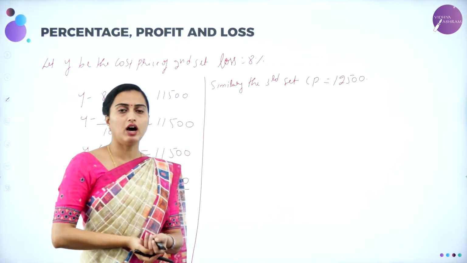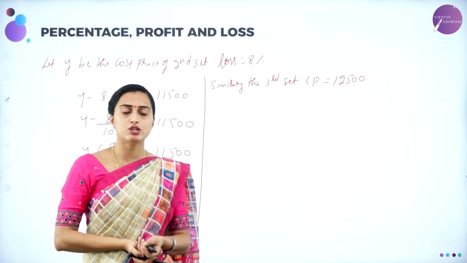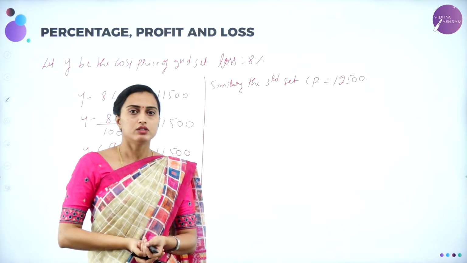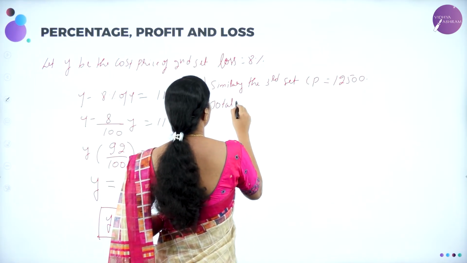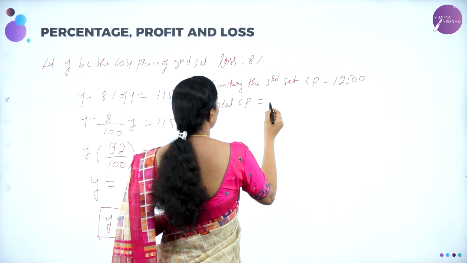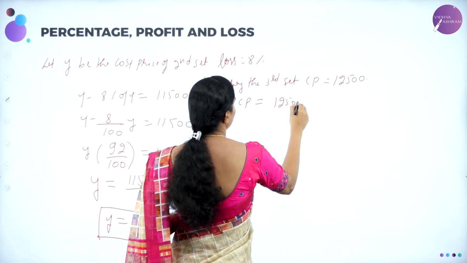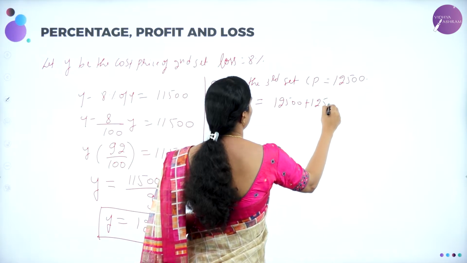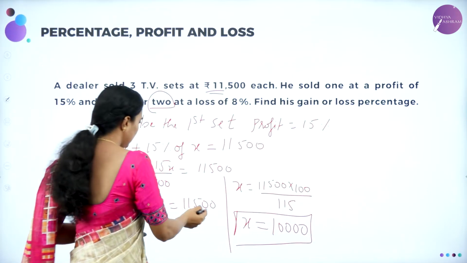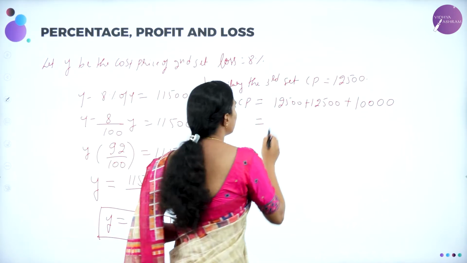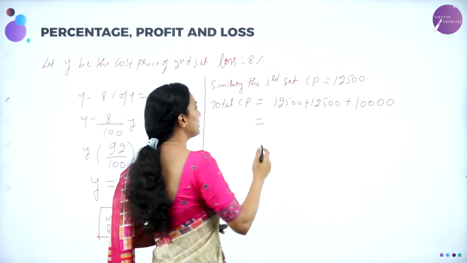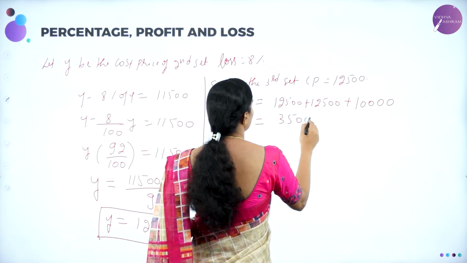So therefore, now they've asked you to calculate the percentage loss or gain. So for this, total CP is equal to 12,500 plus 12,500 plus 10,000, which is 25,000 plus 10,000, which is 35,000.